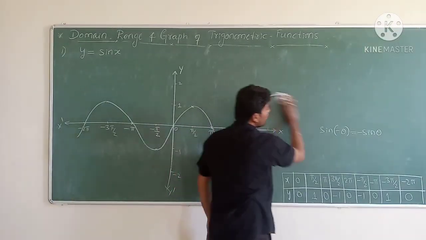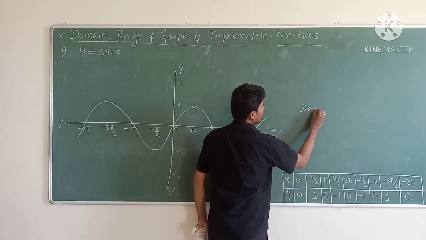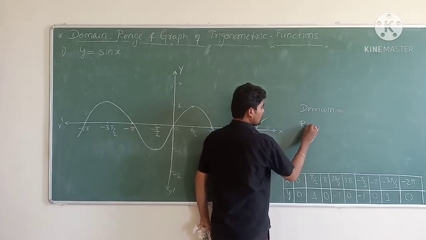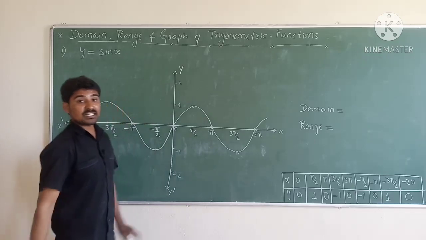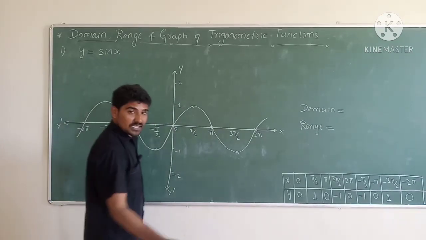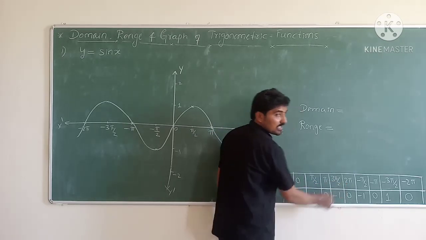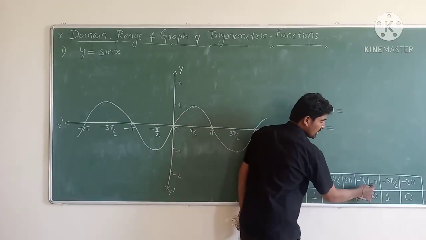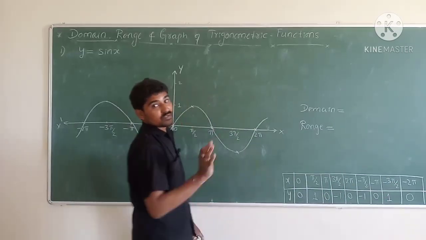And now, what is the domain of the function sin x? Domain and range of the sin x function. We know that domain means set of all input values. Now the inputs are 0, pi by 2, pi, 3 pi by 2, 2 pi, 3 pi, 4 pi and so on, and minus pi by 2, minus pi, minus 3 pi by 2, minus 2 pi, minus 3 pi, minus 4 pi and so on.